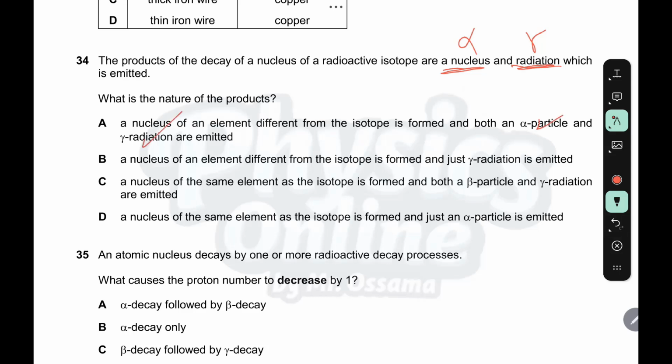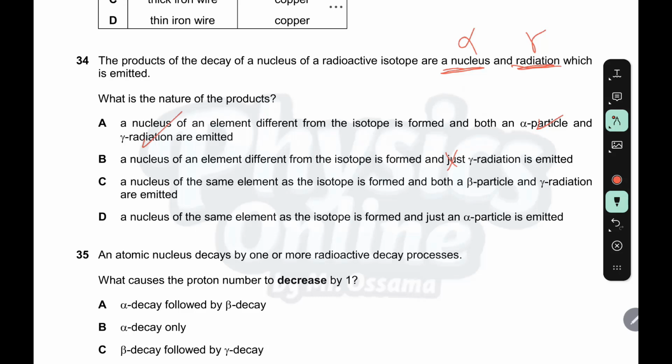Another option: a nucleus of a different element and just alpha radiation is emitted. No. And just gamma radiation is emitted? No, we have also alpha particles.